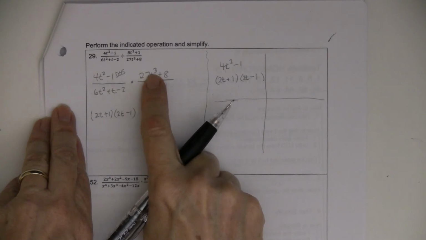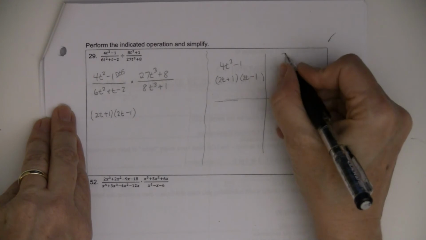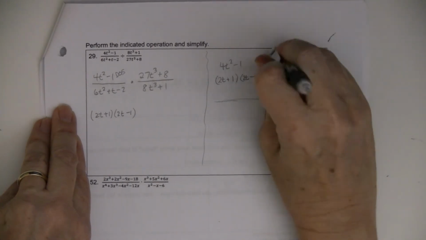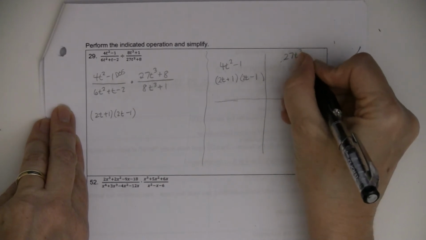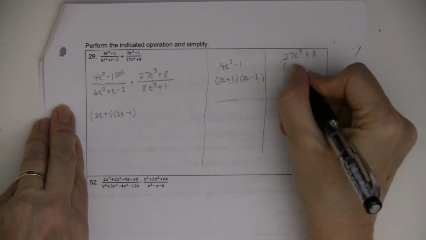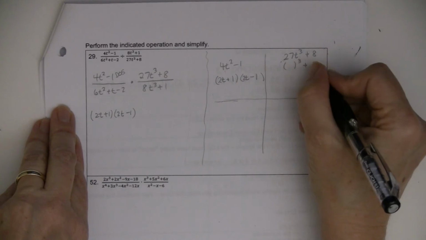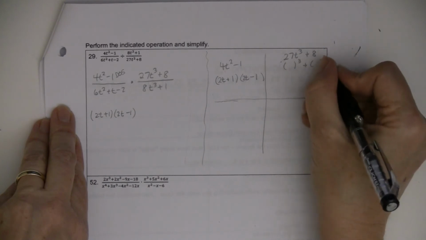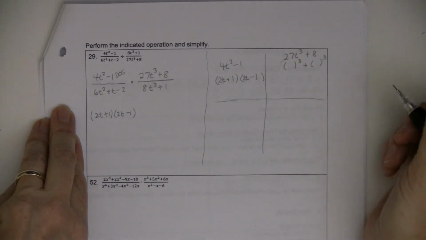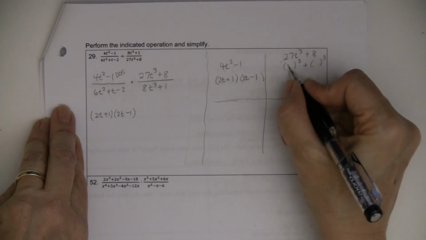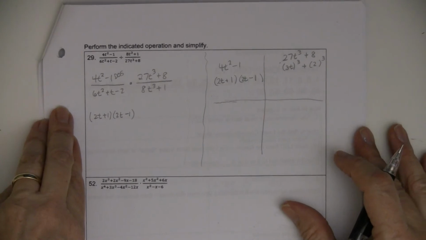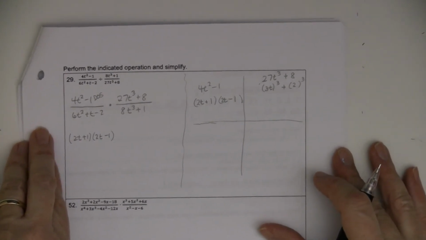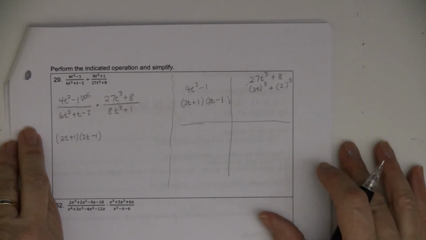But I really do like cubes, and so that one's a cube, 27t to the third plus 8, and you have to know what the bases are in order to get it factored. Then you whip out your formula. So this is 3t, and this is 2. I like to use my song to factor it, and you factor it however makes you happy.